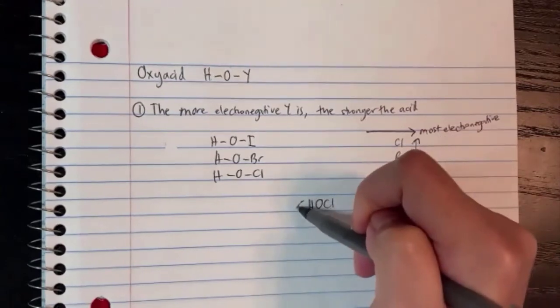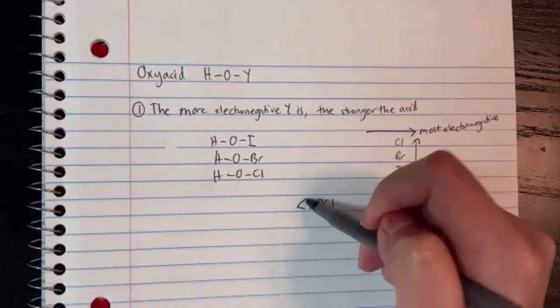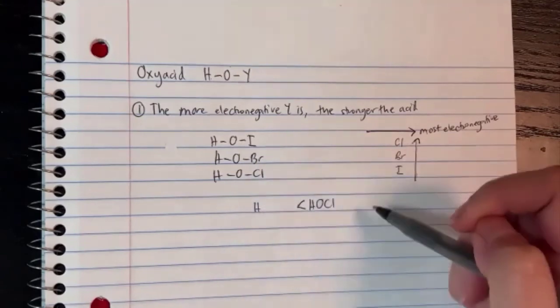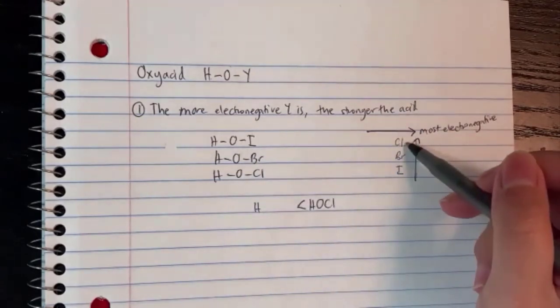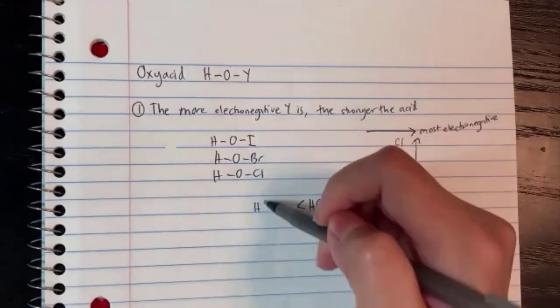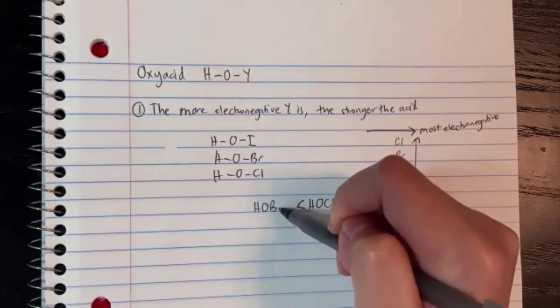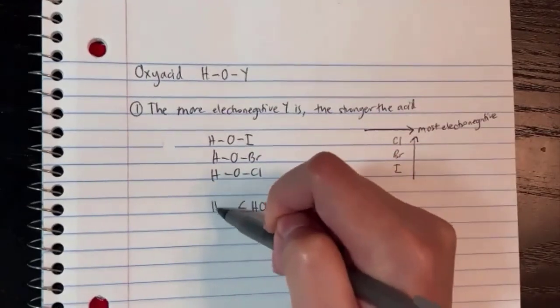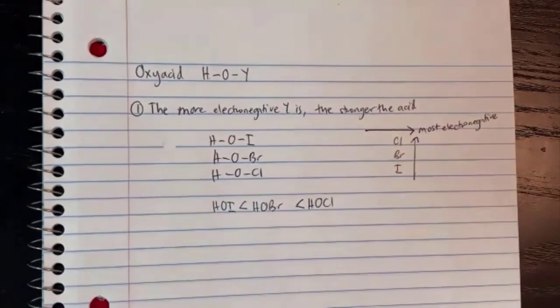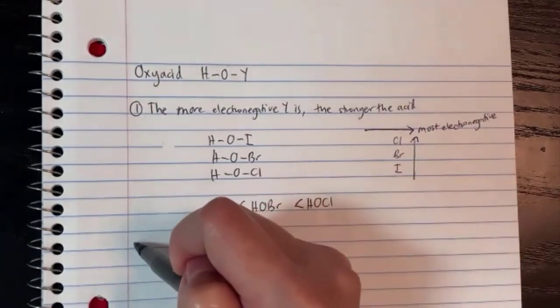So oxyacid is based on electronegativity, and that's why you judge this way. Cl is the most electronegative, so it will be the strongest. And then the weakest one is HOI. Now, if we were comparing the binary acid, the trend is different because we were looking at sizes there, okay? So let's go to the next one.